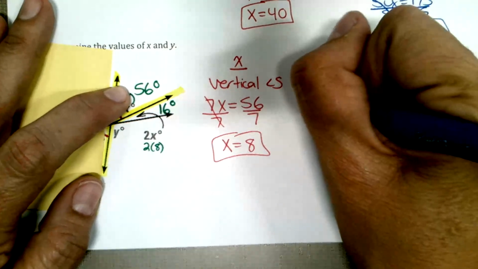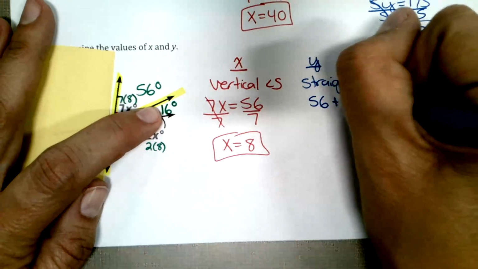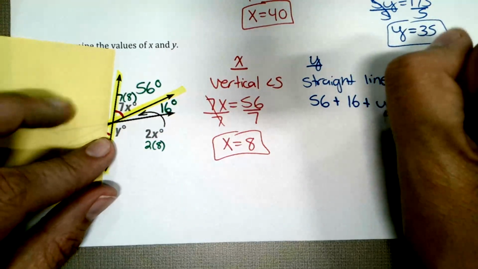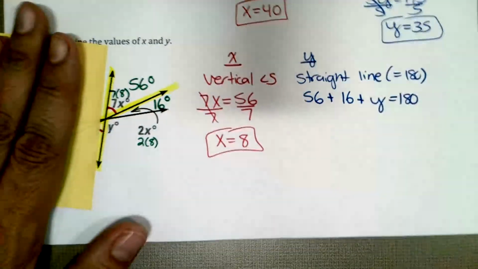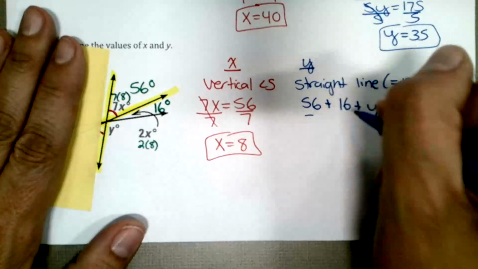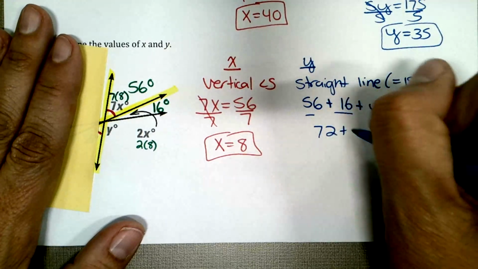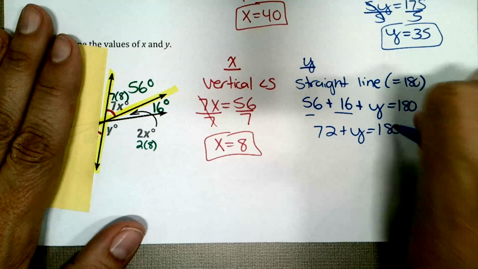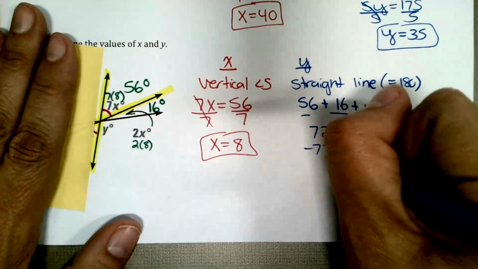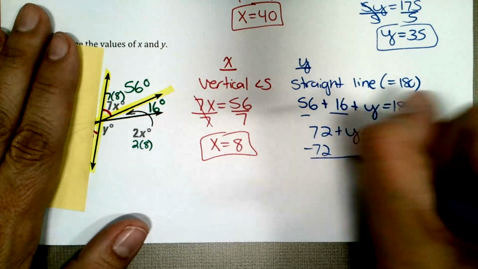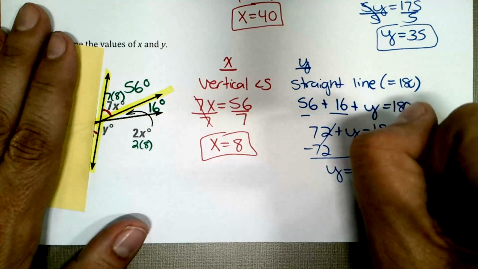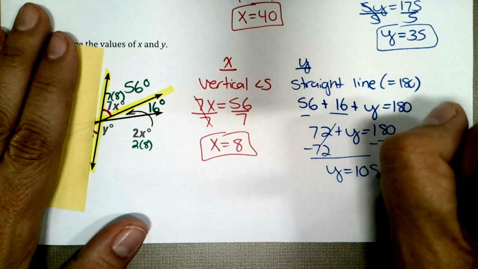So the first angle, 56, plus 16, plus y has to equal 180. Combine your like terms and solve. And y is 108.